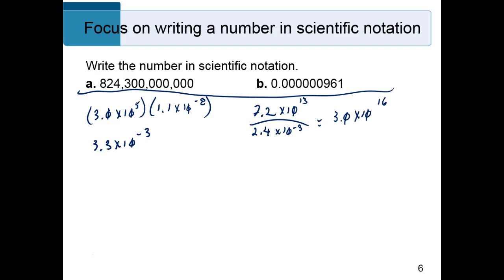See that? Now let's see what they gave as answers. Oh, shame on them. They wrote it as just 3 times 10 to the 16th. That's perfectly okay in a math book. In a science book, that would have been 3.0. But it's perfectly all right just to put 3.